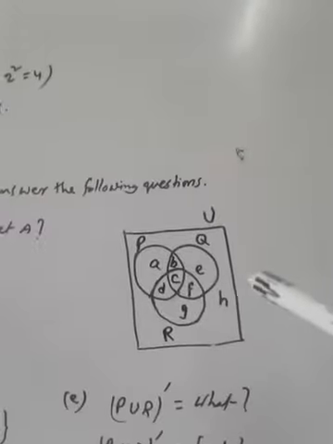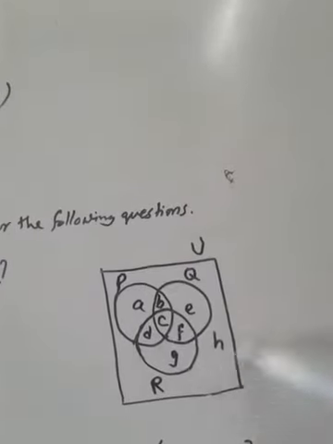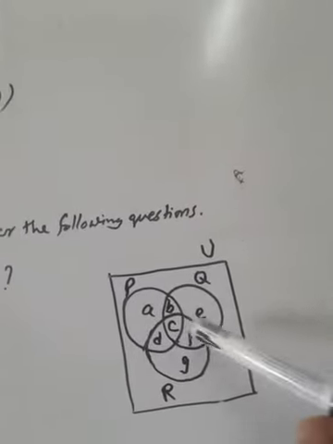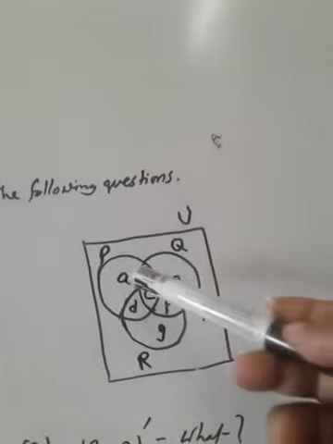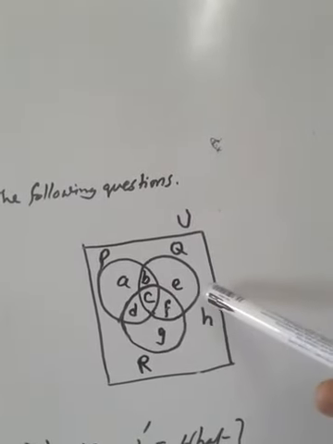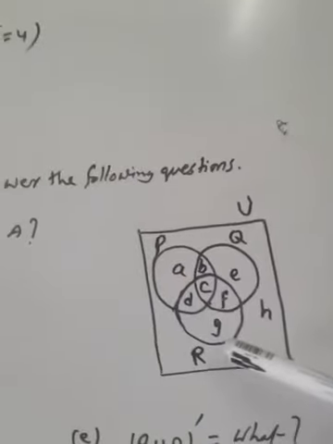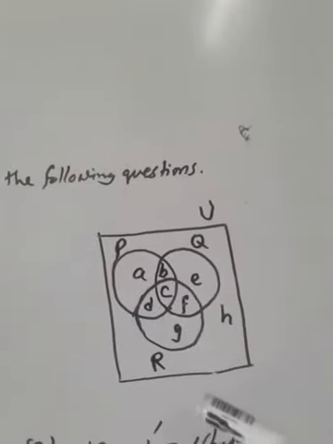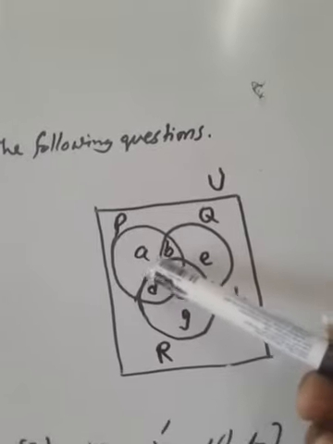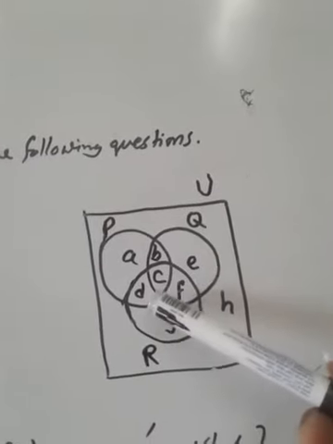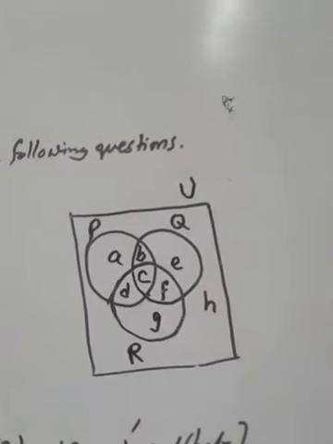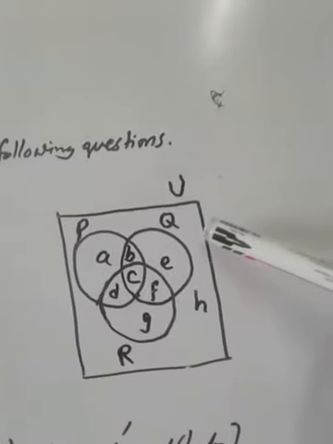And another, I showed you one diagram here, this Venn diagram. This is the universal set, with 3 circles: 1 circle for P, 1 circle for Q, and 1 circle for R. If we ask what is set P, in the P circle we are getting A, B, C, D. Set P equals A, B, C, D. What is set Q?